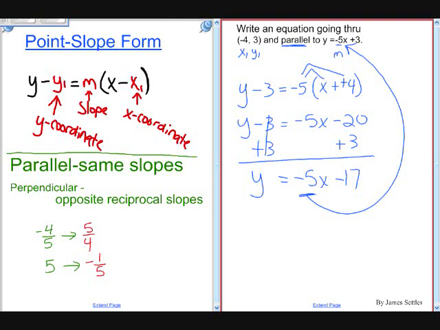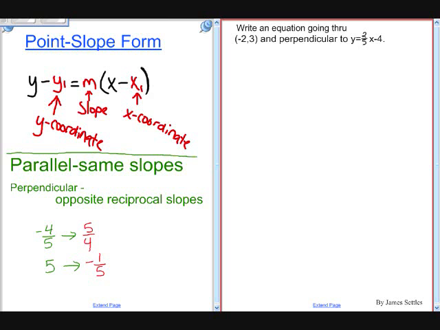Okay, moving on to our next problem. We have: write an equation going through negative 2, 3, and perpendicular to y equals 2 over 5x minus 4. Now, this one is perpendicular, so this goes with opposite reciprocal.